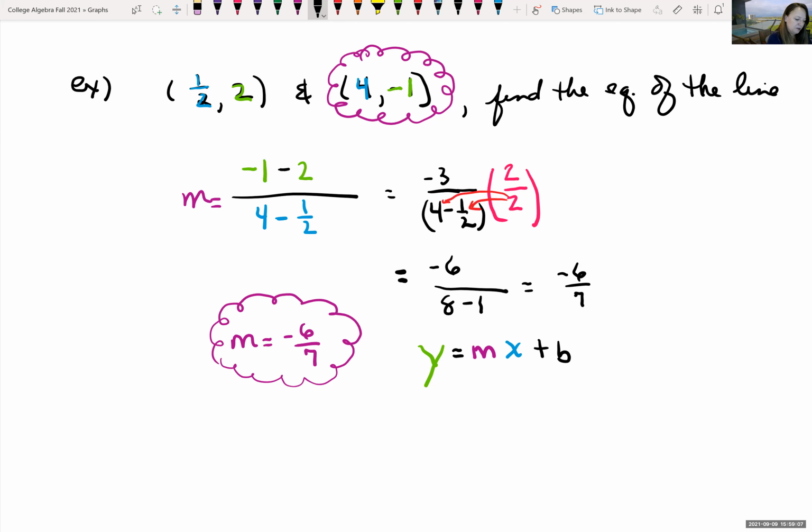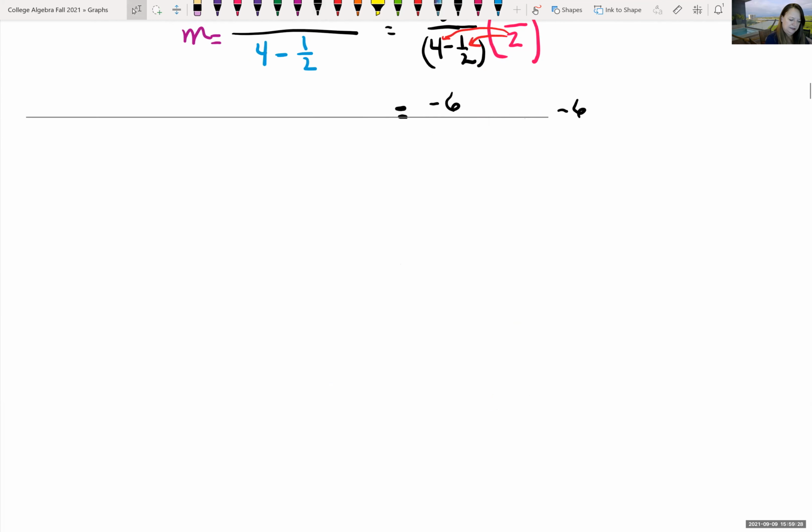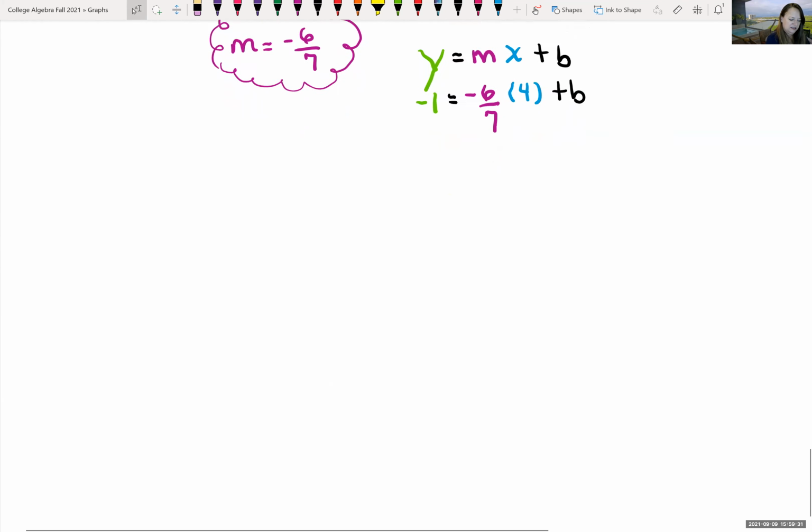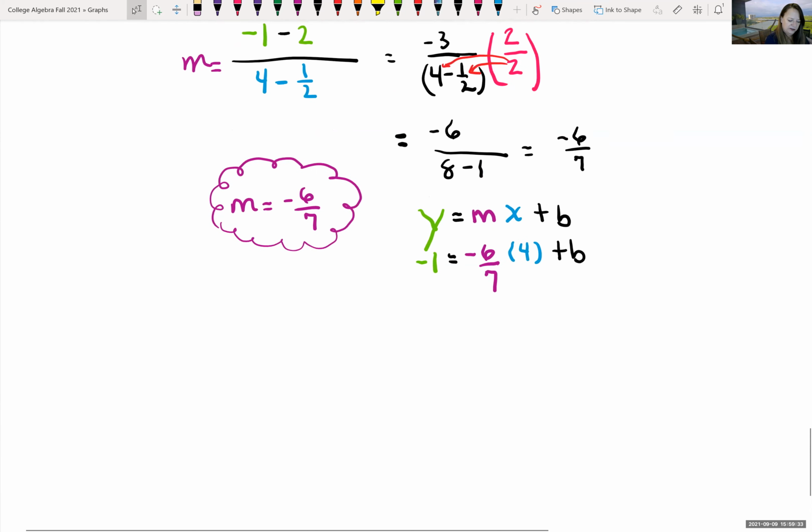So our y value of the point that we chose is -1 equals our slope, which we found to be -6/7, times x, which our x value for that point was 4, plus b. I'm just going to give myself some more room. So this is -1 equals -24/7 plus b.